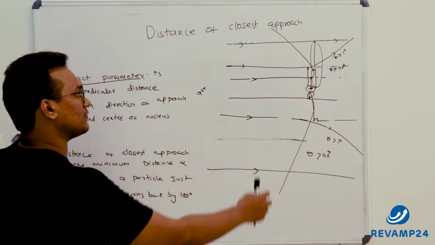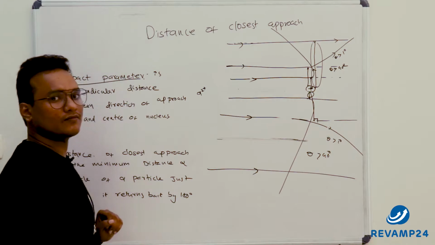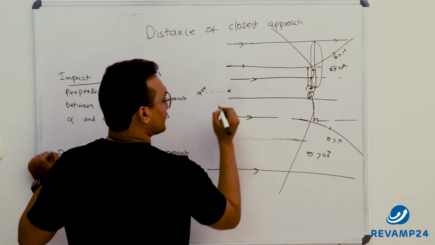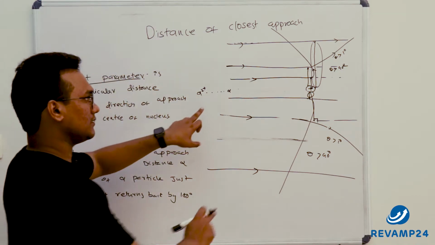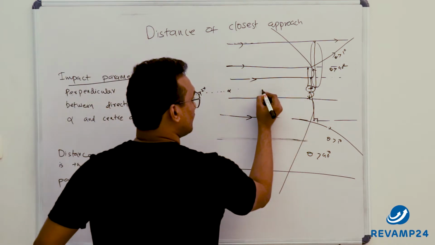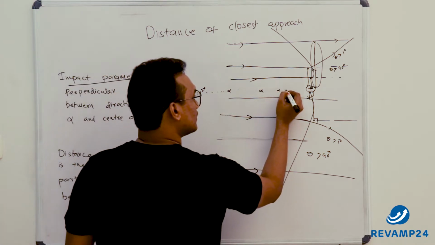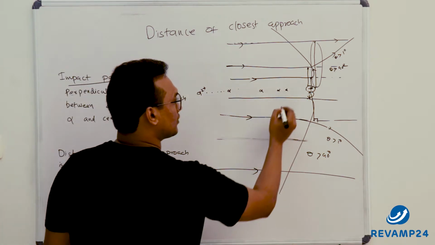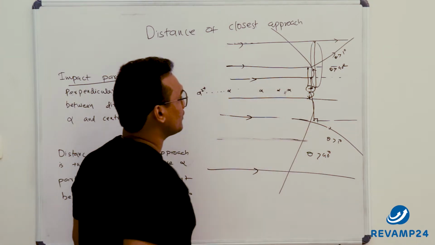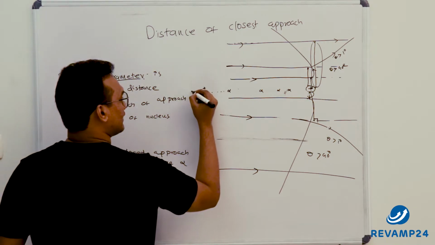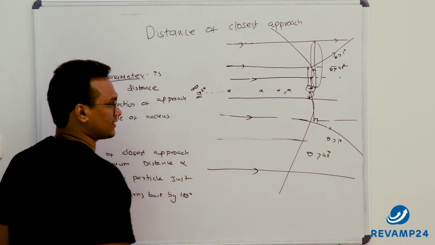But when it is very far away, the repulsive force is 0. When the alpha particle approaches in this direction, the force is more, and the force keeps on increasing till a particular value. Let's say the alpha particle has an energy of 100 joules, for example.